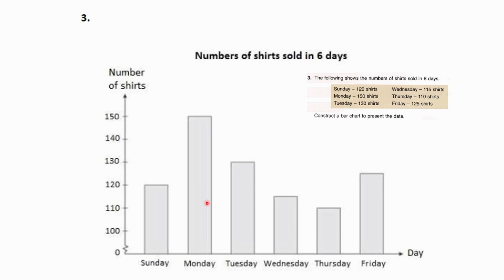So when you make a bar chart, make them the same width for each bar, and the same for the space in between each bar. Have the space the same from the axis line to the side of the bar. This space here, have it the same this side, and the same here.